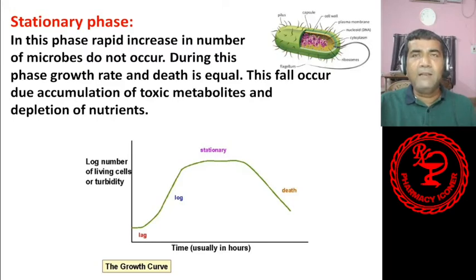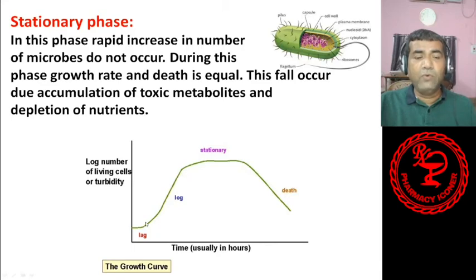So what happens? There is also an increase in death rate, that is, microorganisms form and equally they also die. So the effective number of live microorganisms does not increase in this period. Here you see growth is occurring, but along with growth death is also occurring.